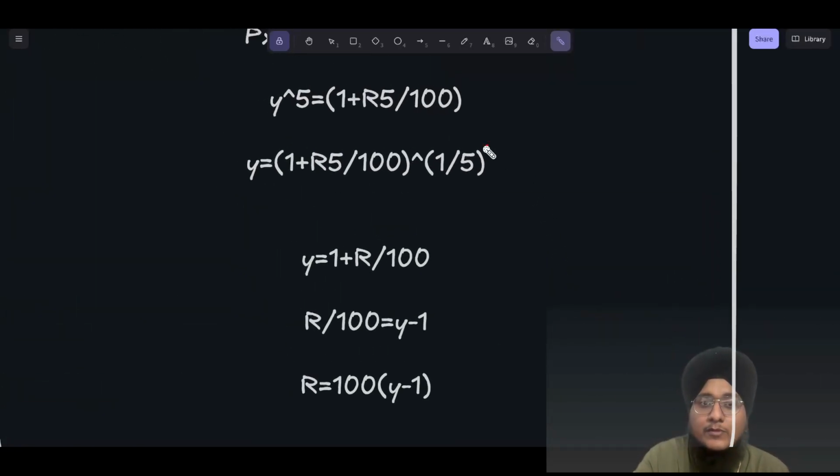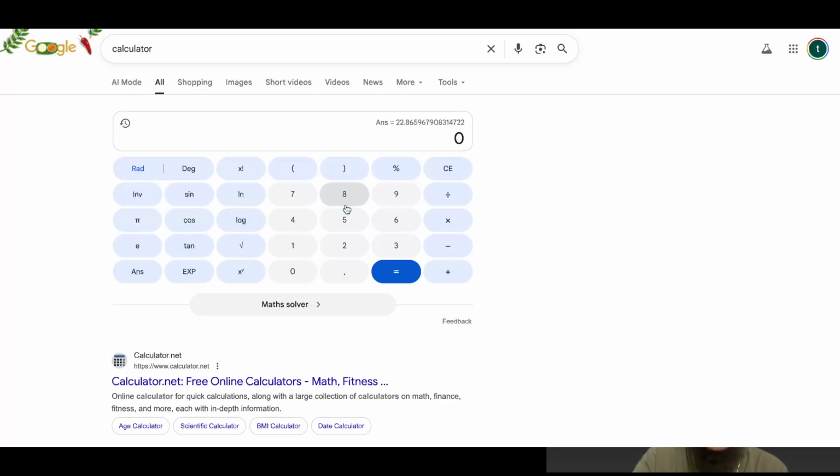So here are the formulas. 1 plus R5. R5 is 108. 108 upon 100, 1.08. 1.08 plus 1, 2.08. 2.08 to the power 1 by 5. Let's do the calculation. 2.08 to the power 1 by 5. 1 by 5 is 0.2.